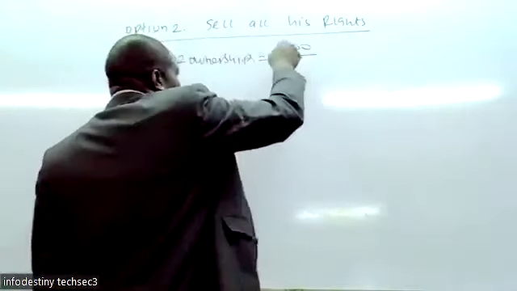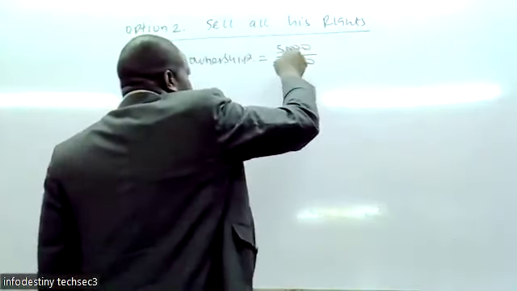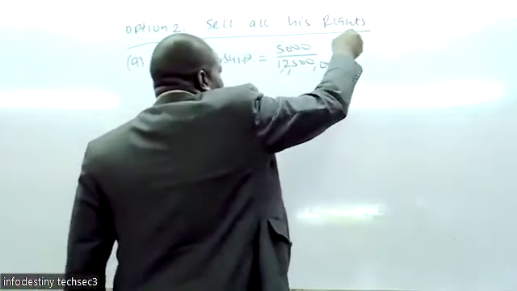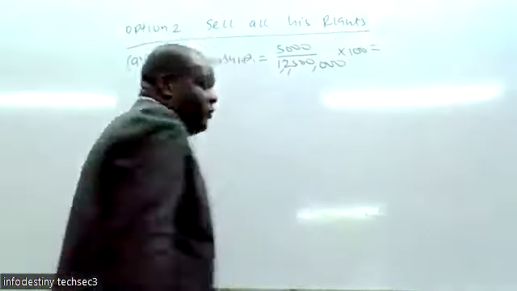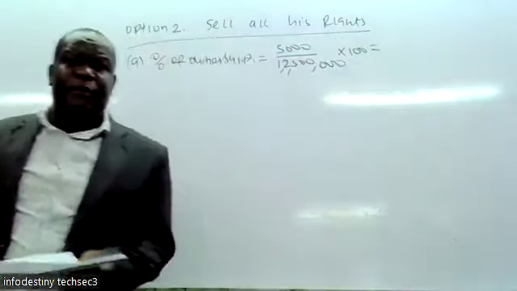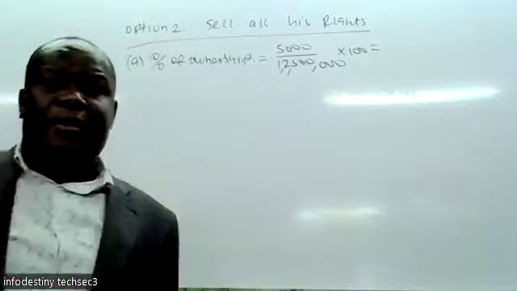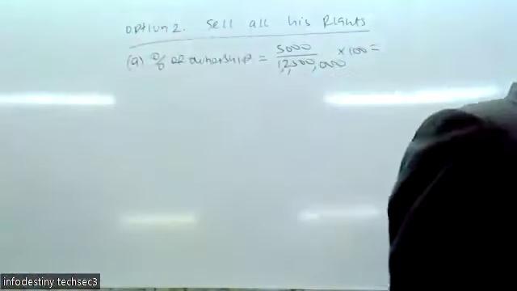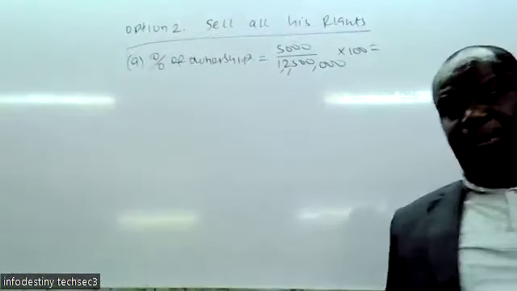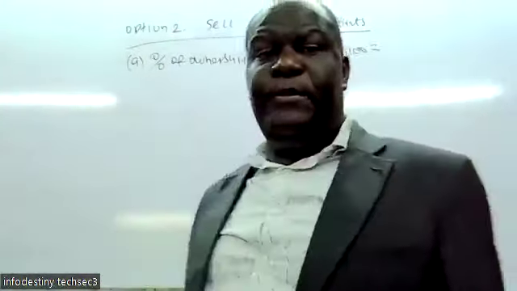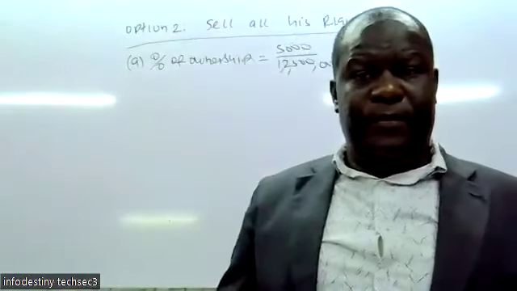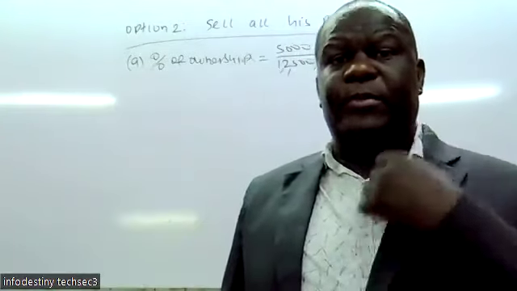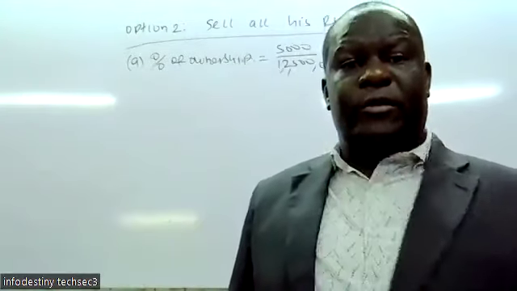They will still remain 12.5 million. So when you calculate, you will discover that the percentage of ownership will reduce.